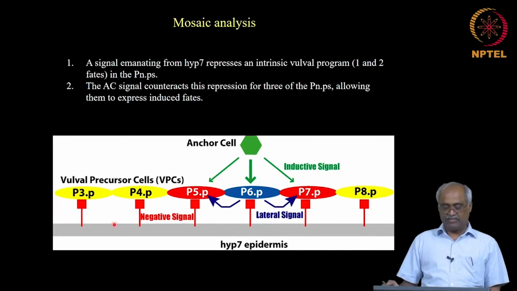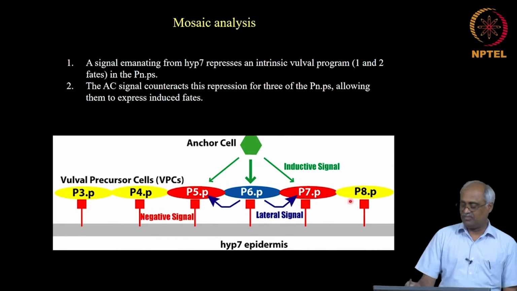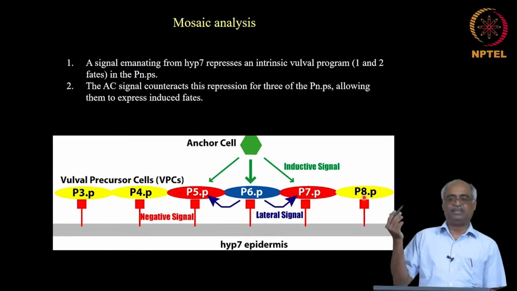And when this negative signaling is lost, here that being Lin15, now all of them think I am going to become primary, secondary and so on.